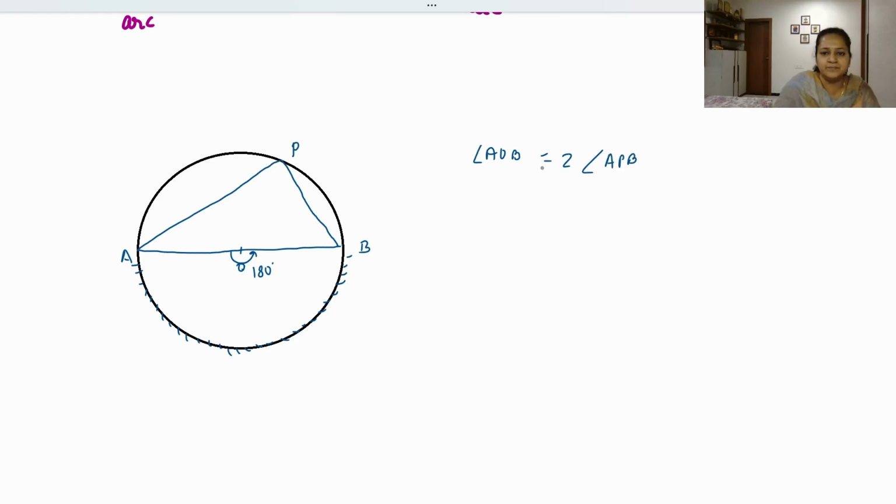Angle AOB is double of APB. Now AOB we know is 180, which is 2 times APB. So we'll get angle APB is 180 upon 2. Hence angle APB is 90.